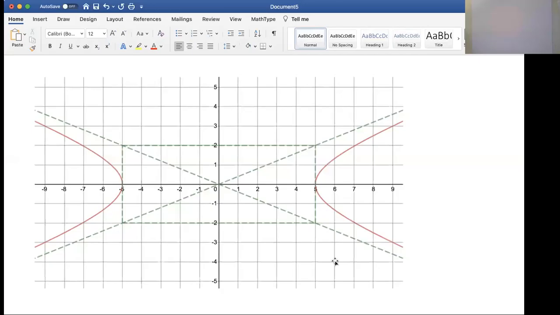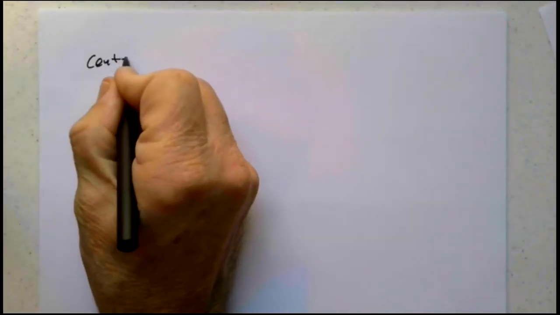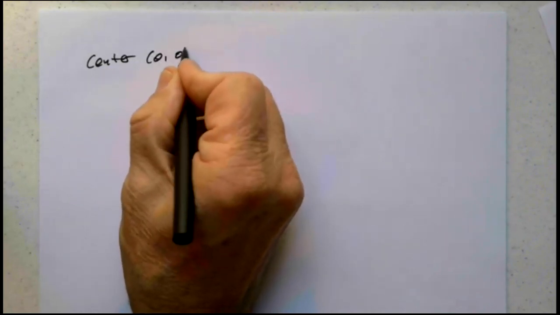So we're given this graph and we want to analyze the hyperbola and get our relevant information. The first issue is the center, and the center is at 0, 0. So not a whole lot to worry about there. Next, our transverse axis. Is it horizontal or is it vertical?